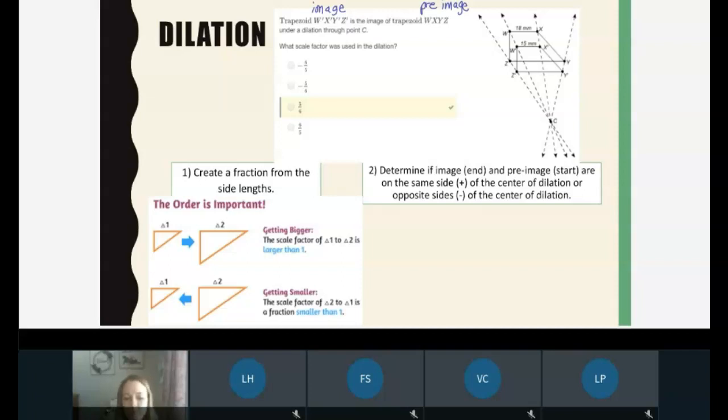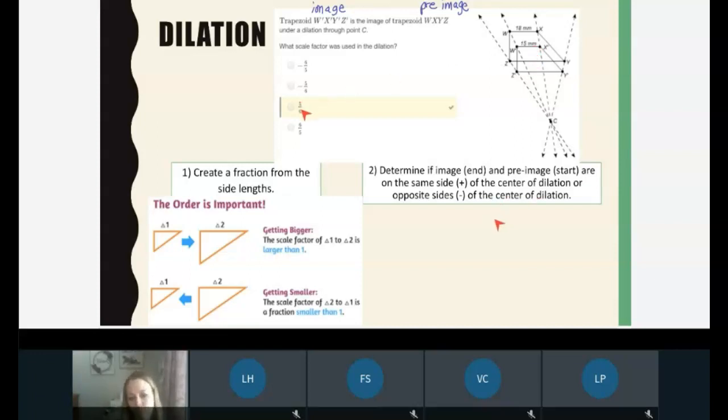And we can also see that it did not flip sides. If it was a negative, like one of these, that would mean that this image here would have to be flipped upside down, the opposite of this, because of how that works out.